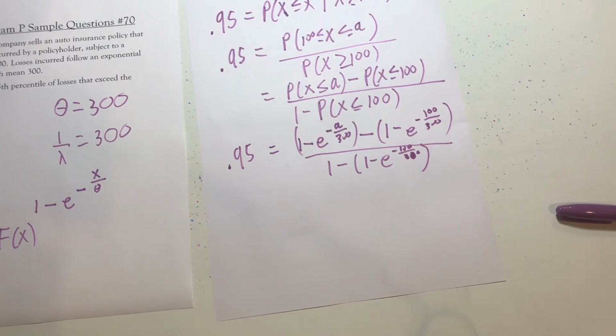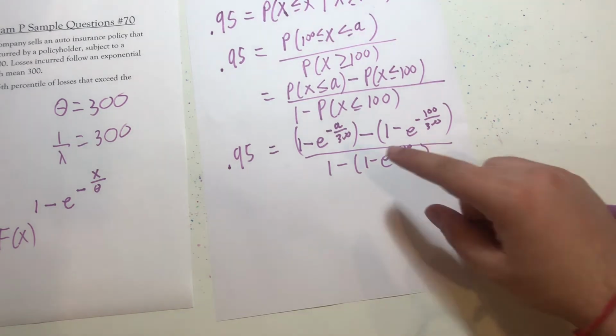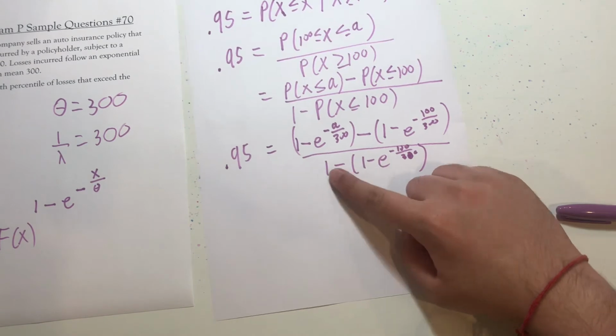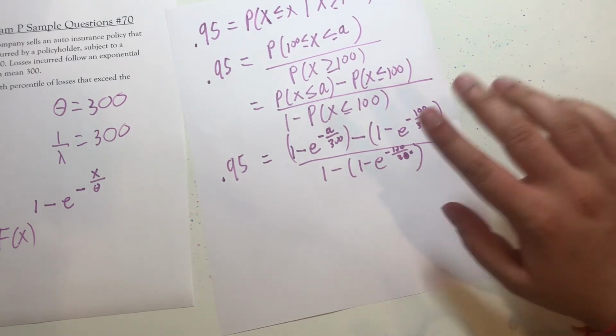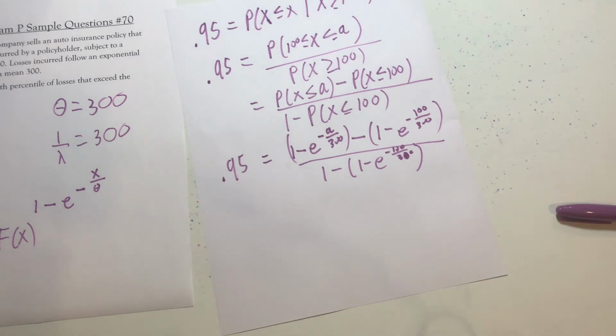Minus e to the negative 100, okay, and I've got this denominator to be 0.716, and I'm going to multiply that by the 0.95.